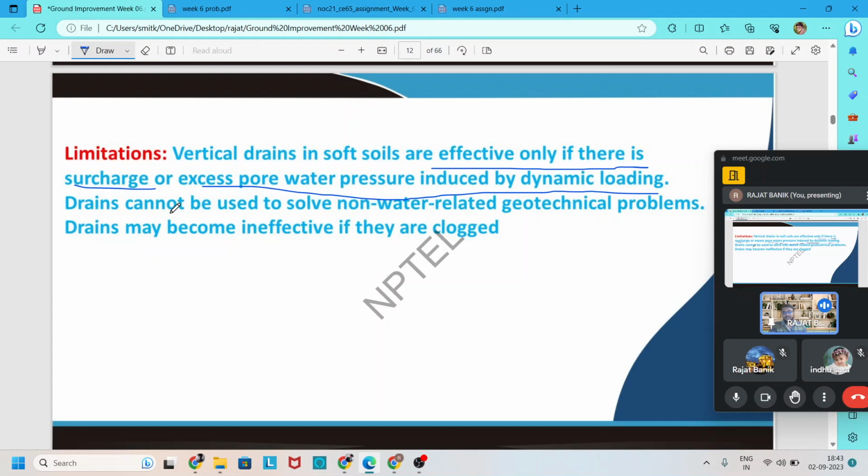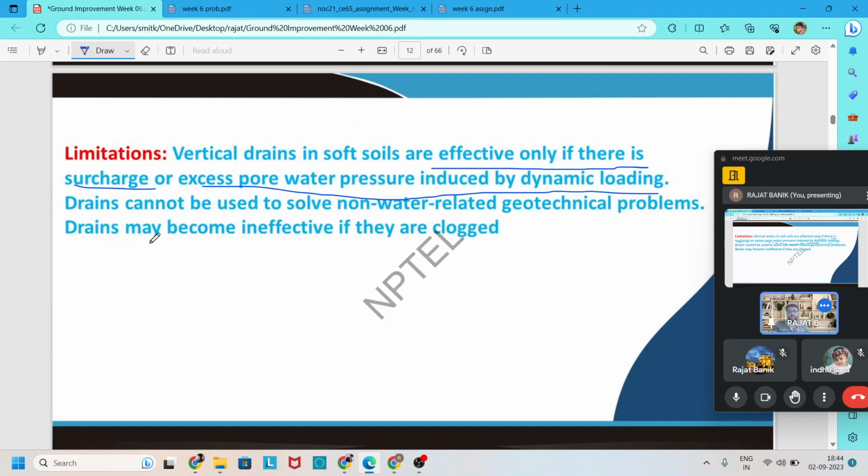The last limitation is that drains may be ineffective if they are clogged. Clogged means debris or other materials get stuck in the drain, and the flow of water in the drain may be obstructed. So the effectiveness of the drains may be reduced.